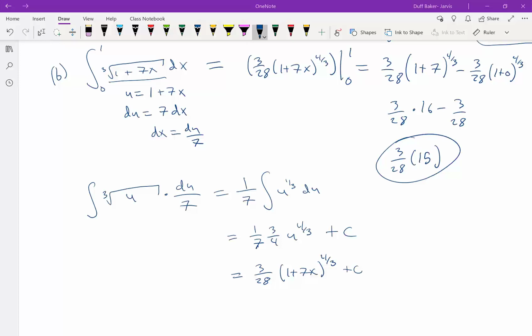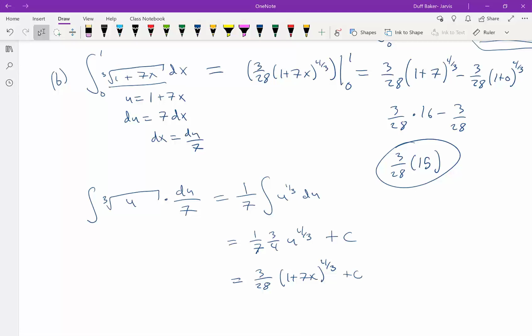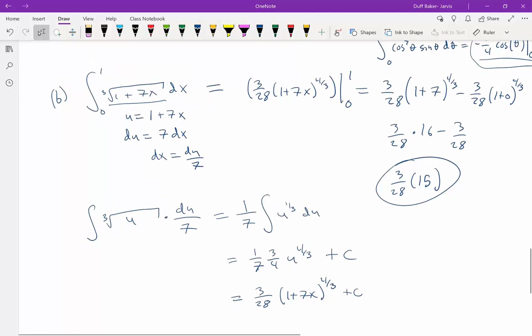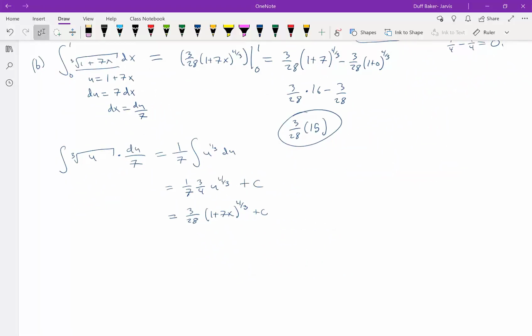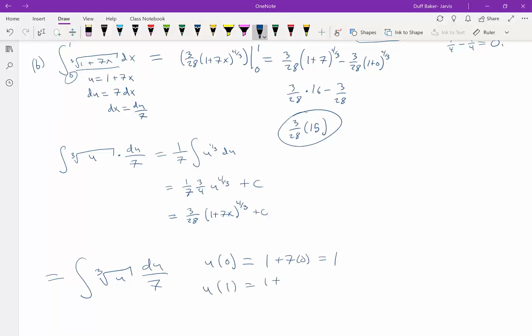Avery, so there's two ways to do it. One way would be to do what you said. I did it the other way. The other way would be to do this replacement, so you would end up with the cube root of u times du over 7. And then you would fix the bounds. So u of 0 equals 1 plus 7 times 0. u of 1 would be 1 plus 7 times 1.